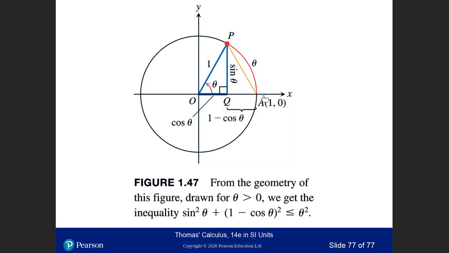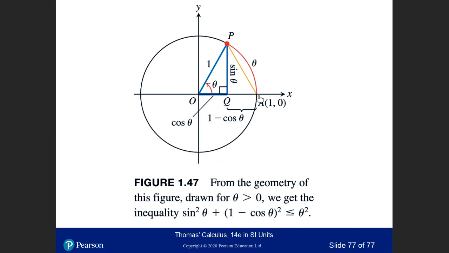So the arc is theta. And you know from here that sine square theta plus 1 minus cosine theta square is less than theta square, right? Because this is less than here.